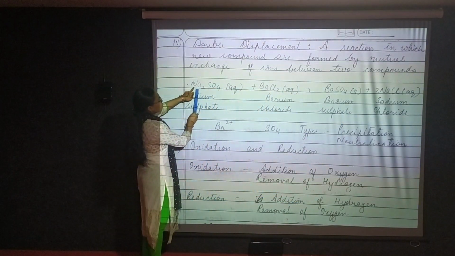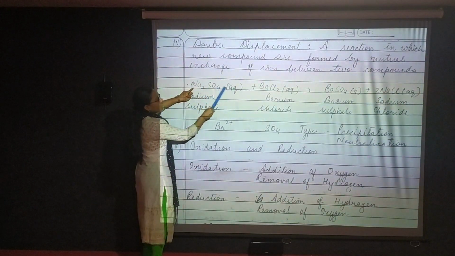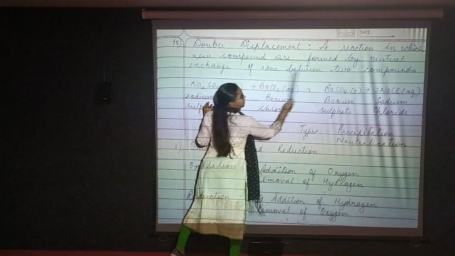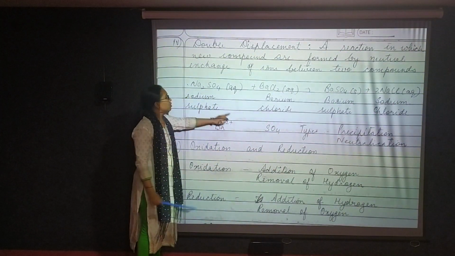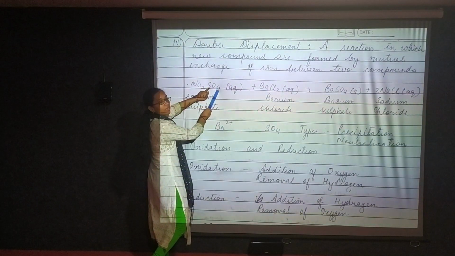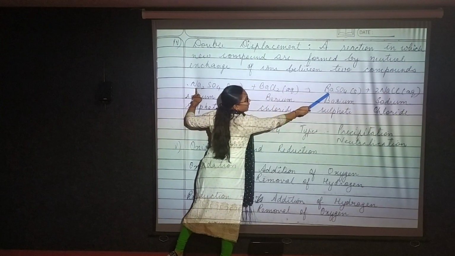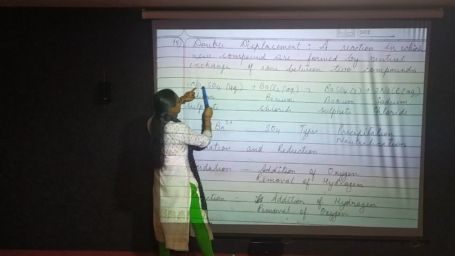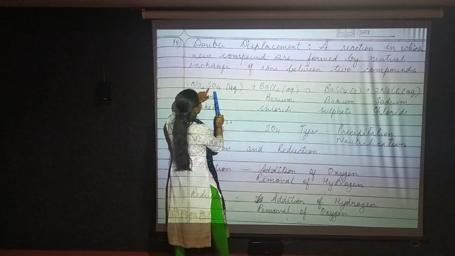Now in the reactant side you can see it is sodium sulfate. In the product side you can see barium sulfate. So what happened? Ba has a 2 plus charge, so it will be combined with SO4. Instead of Na2SO4, in the product side you are getting BaSO4. This Na2 has been replaced with the Ba. And what is remaining here?